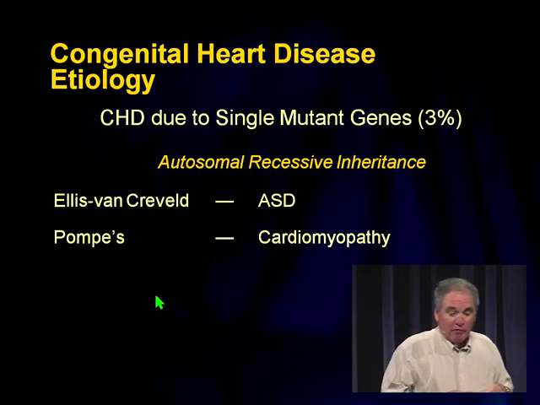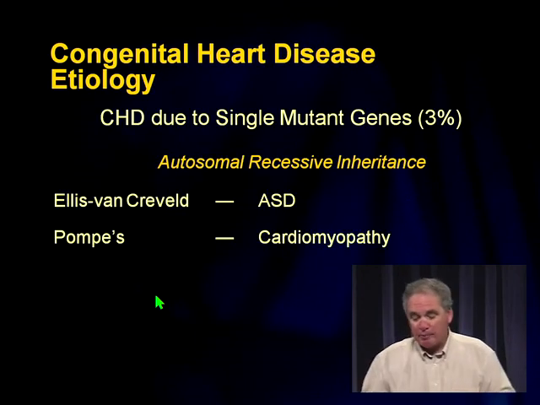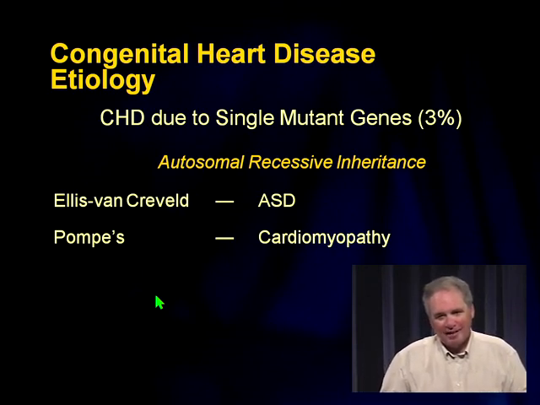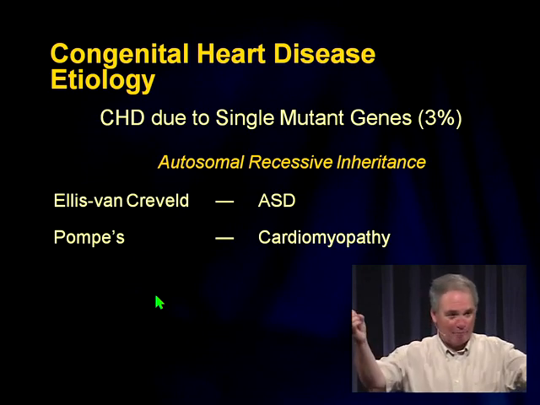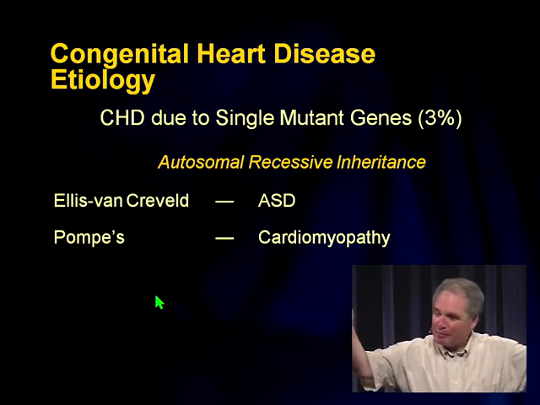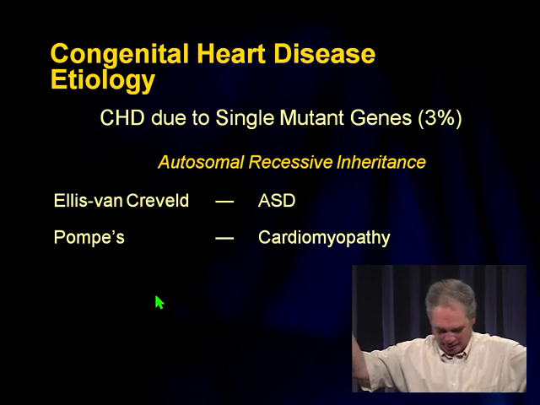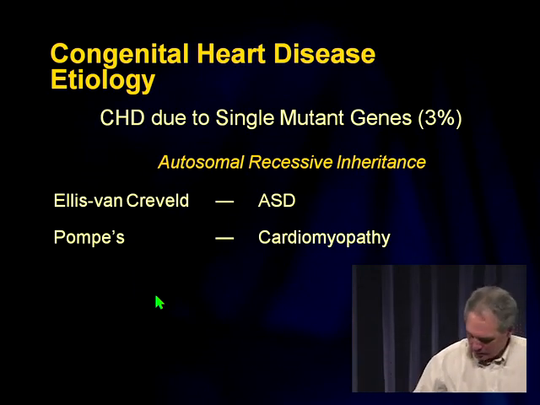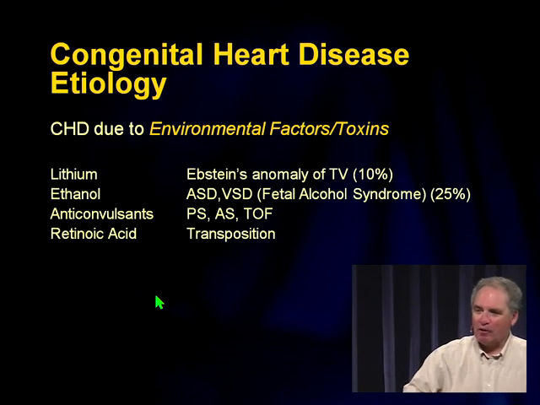There are a couple of autosomal recessive inheritance, single gene mutations. Ellis-van Creveld, every board review course teaches it. I've seen it once. Atrial septal defect with abnormal nails. I think you could probably skip that question, okay, and do okay. Okay, Pompe's disease associated with cardiomyopathy. So these are the different ways that congenital heart disease occurs.